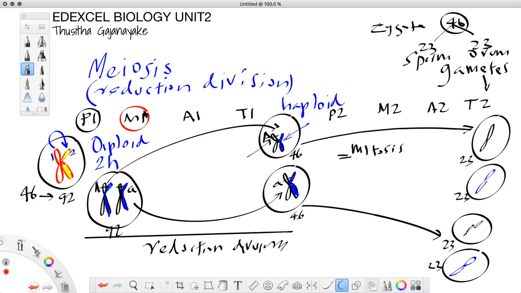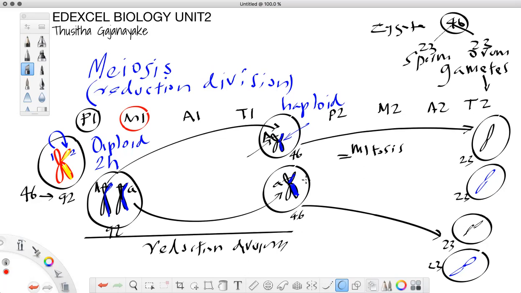So we can understand that even within a family, everybody is different from each other. The siblings are different from each other. If we look at this reduction division, one chromosome goes to one cell, the other chromosome goes to the other cell.